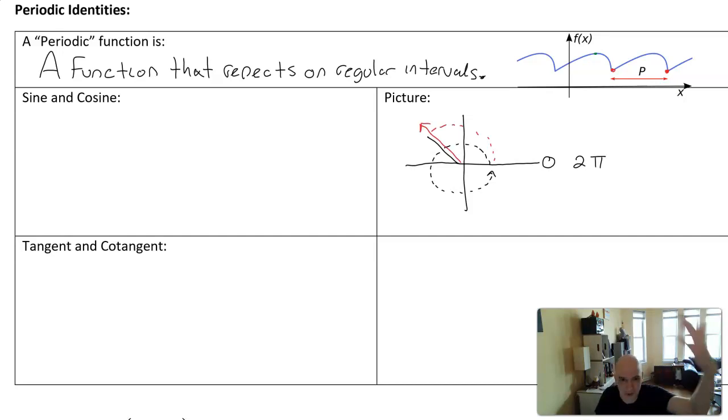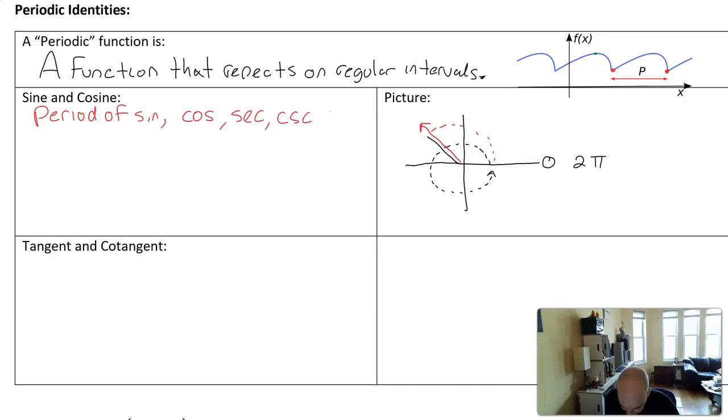So that means that the period of sine and cosine is just one full trip around the circle. So we'll say the period of sine, cosine, and their reciprocals, secant and cosecant, is 2 pi.